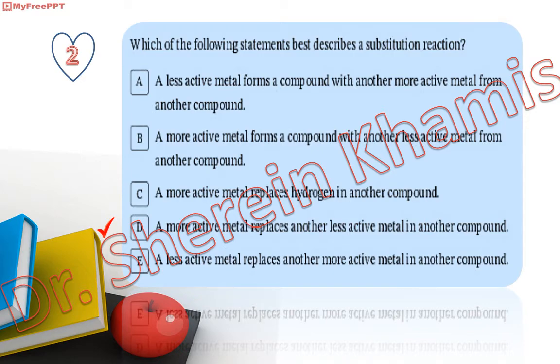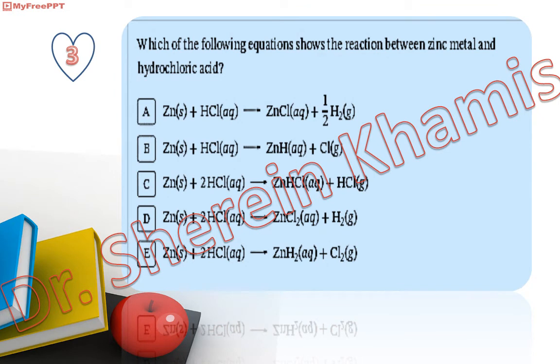Question 3 says, which of the following equations shows the reaction between zinc metal and hydrochloric acid? We have zinc as a solid metal, so we write solid in all of the equations here.